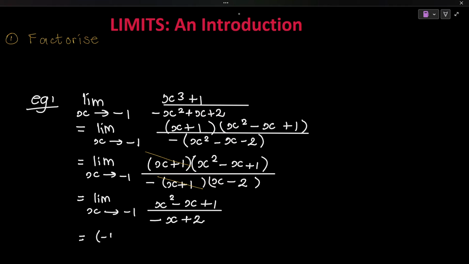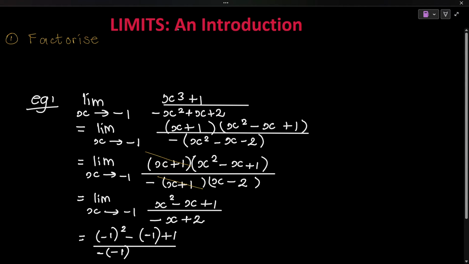That's going to be negative 1 all squared minus negative 1 plus 1, and in our denominator, we're going to have a negative into negative 1 plus 2.